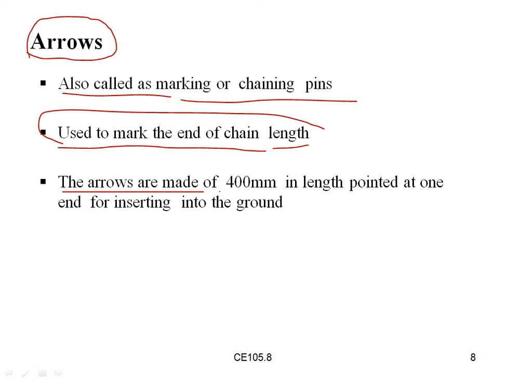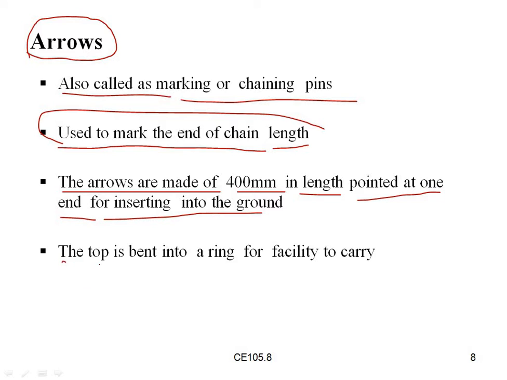The arrows are made of 400 mm in length, pointed at one end for inserting into the ground. They will be pointed at the end, same as the ranging rod, and the point will be very sharp. We will be inserting them into the ground by hand. The top is bent into a ring for ease of carrying.